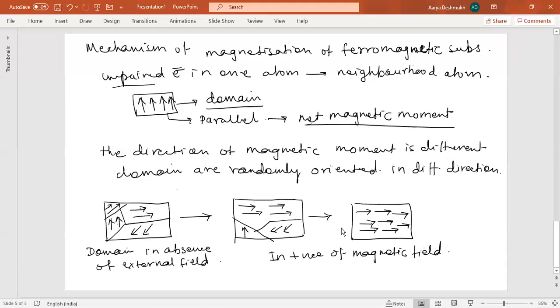This is the direction of external magnetic field. Now all these things in the last diagram, you can see, are aligned according to the external magnetic field. They align themselves in an external magnetic field. So in short, this is the mechanism of the creation of ferromagnetism in the substance. Now in the next video, we'll talk about antiferromagnetic and ferrimagnetic solids.